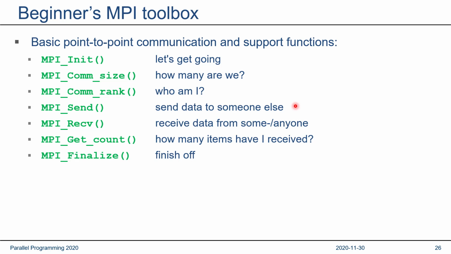MPI_Send is the basic blocking point-to-point send that sends an array of data to someone else. MPI_Recv is the basic blocking MPI receive function that receives data from some source or from anyone. MPI_Get_count answers the question how many items were actually received, and MPI_Finalize finishes off the parallel program.